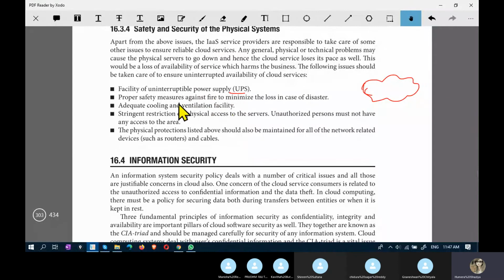And safety measures against fire, and adequate cooling and ventilation facility, and restriction on physical access, and physical protection for routers and cables. All these are equally important to protect the physical systems. In this you have systems, right? In order to protect them, all these things are needed.